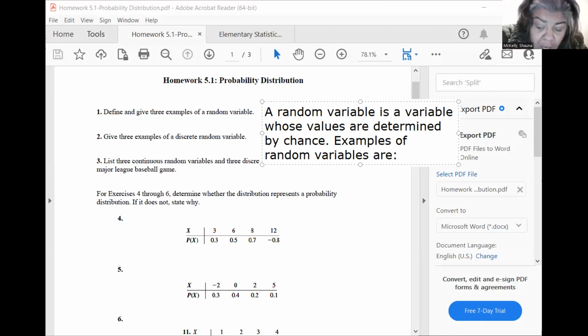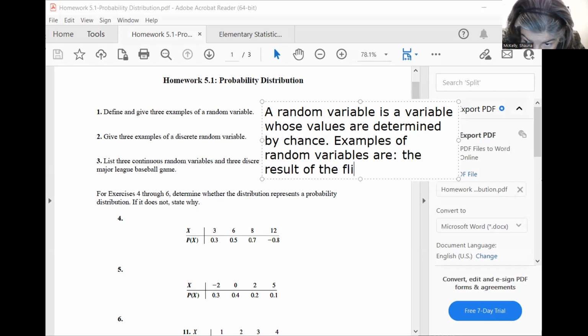okay, the result of the flip of a coin would be random, heads or tail, right?